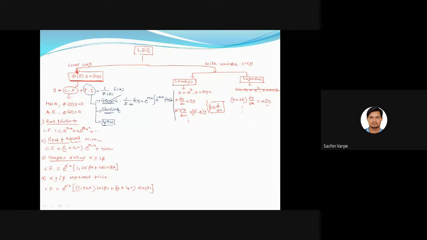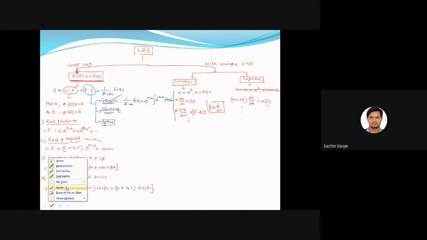Very good. And the same formula we are using repeatedly according to the order of the differential equation. If it is plus m here, then the formula becomes e to the power minus mx integration of e to the power plus mx f of x dx.